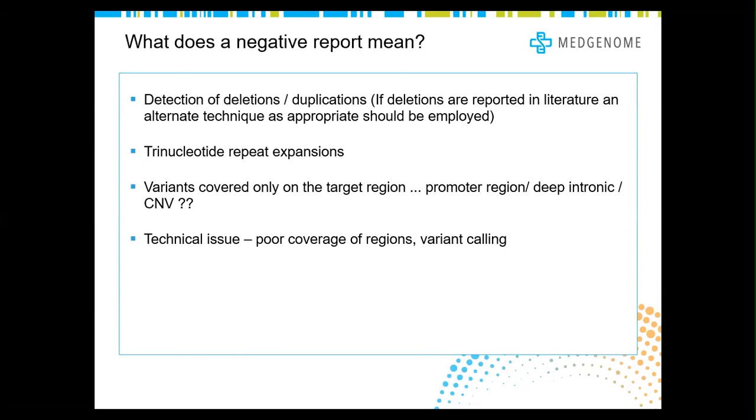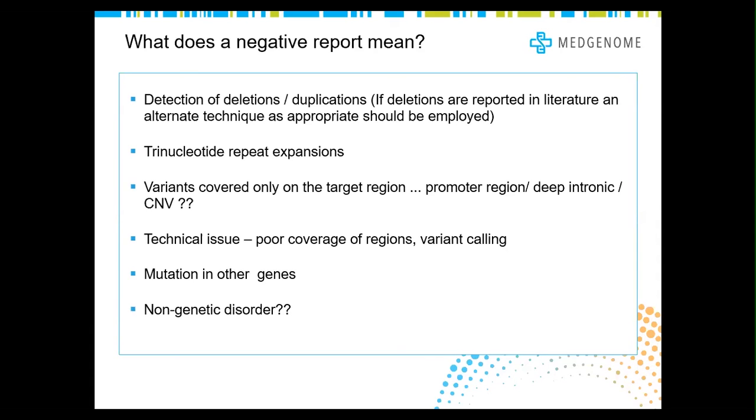So technical issues are always there, and sometimes mutations are in other genes which are not covered in that panel, not covered in clinical exome, or maybe present only in the whole exome, which we have not tested in our limited panels. Sometimes it may just be a non-genetic disorder. So when you suspect a primary HLH, it could be a secondary HLH.